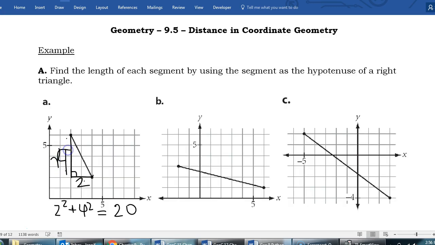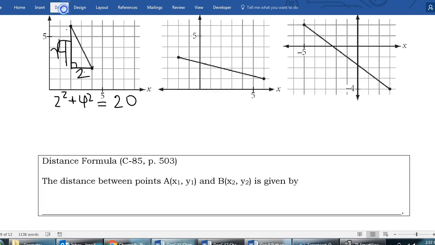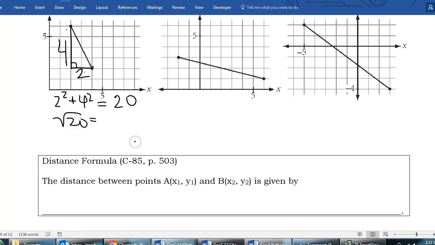So if I root 20, I'll have the length of that diagonal. And that looks like it's 4.5 rounded.